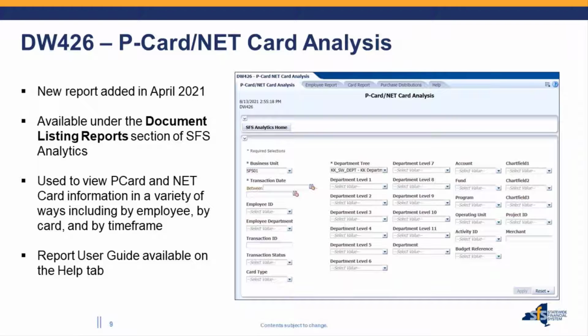This report is used to view P-card and net card information in a variety of ways, including by employee, by card, and by time frame. The report user guide, as always, is available through the Help tab on this report as well.